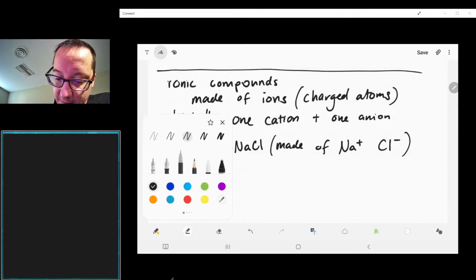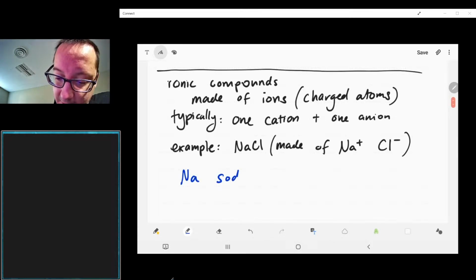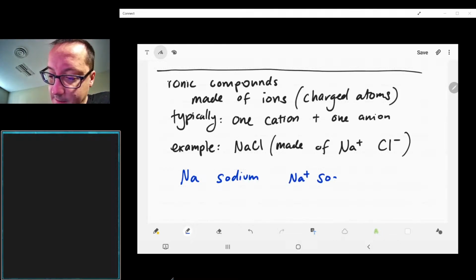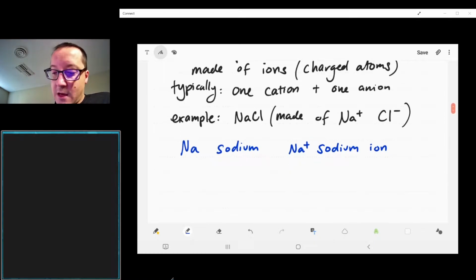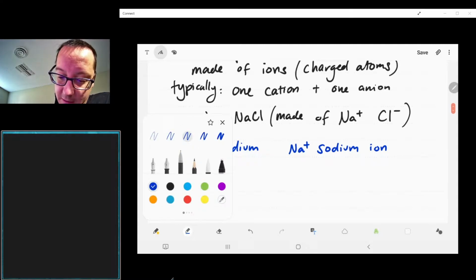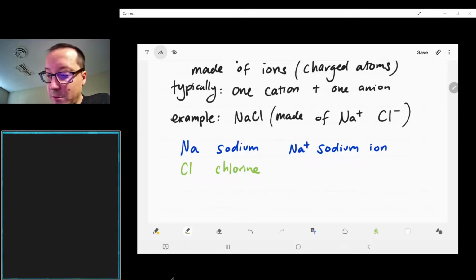And if we look at the names of just these two, this is sodium, and this is the sodium ion. We don't change the name at all, we just throw the word ion on afterwards. And if we look at chlorine, by itself it is chlorine, same name as the periodic table.